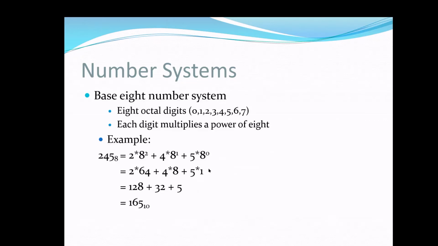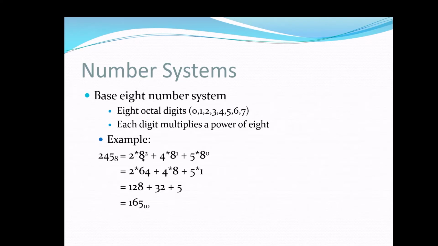Now another number-based system that is important for us to look at is base 8. Now this one has a weighting of 8 to the 0. This one has a weighting of 8 to the 1. This one has a weighting of 8 to the 2. So we can go through the same process here.